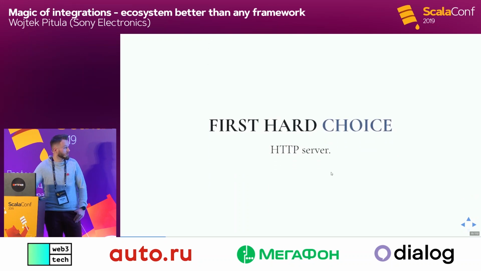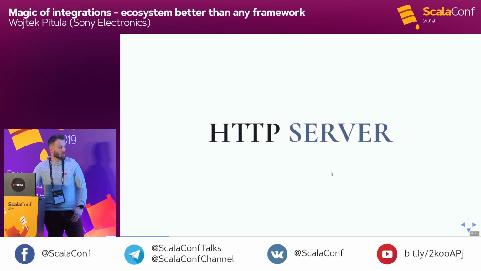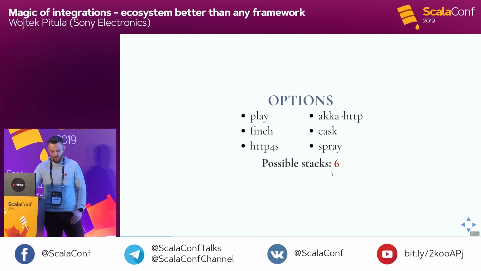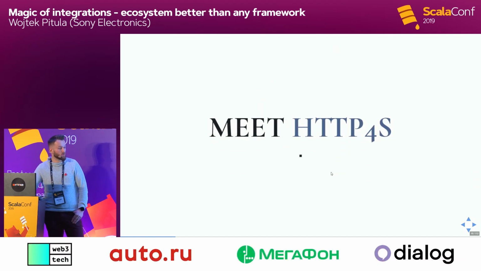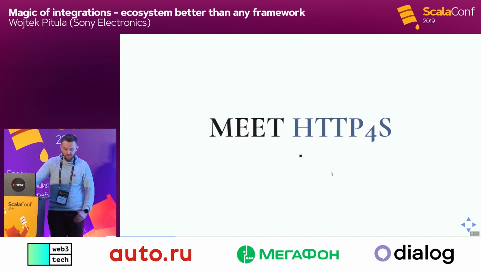But when we start working on that, we have to make some hard choices, and the first one will be the HTTP server. We want to implement the mentioned REST, and we need to choose. There are a couple of options here, so these six are probably the most popular ones. And I'm going to make this choice for you and tell you about http4s.